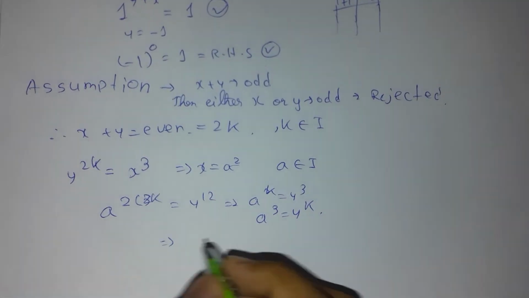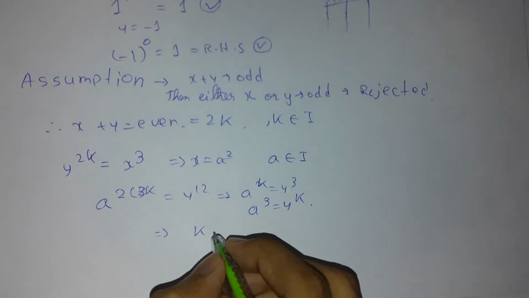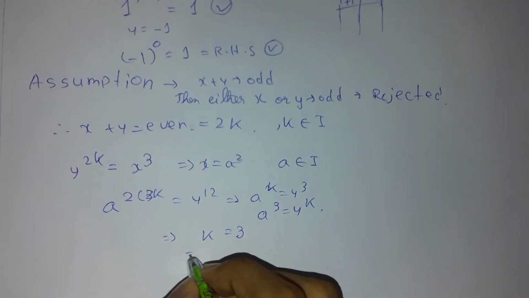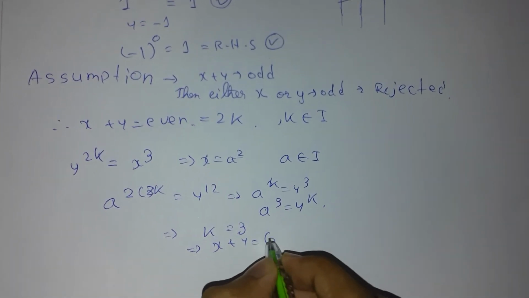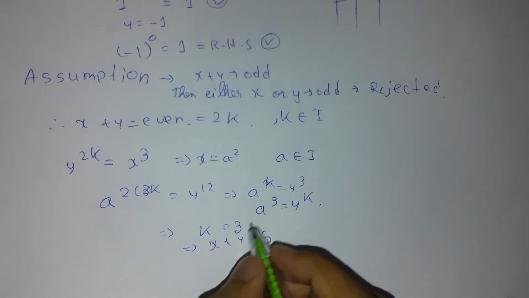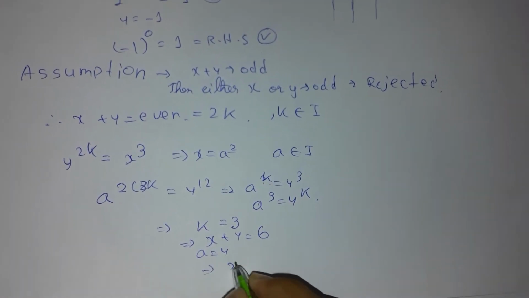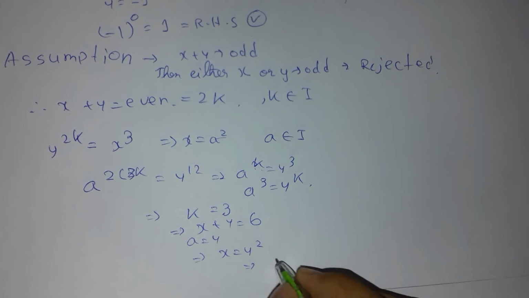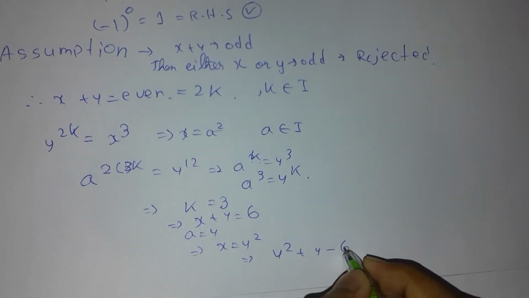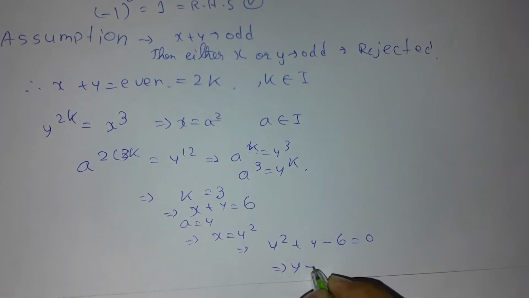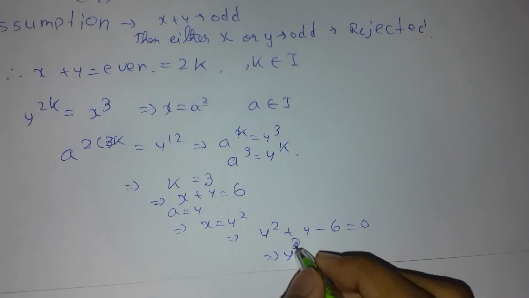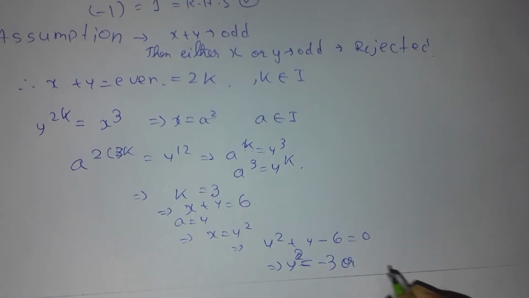This gives us the only possible way that k equals 3. We have x plus y equals 6, and here a equals y, which gives us x equals y squared. Now we plug in and get y squared plus y minus 6 equals 0, which gives us y equals minus 3 or 2.